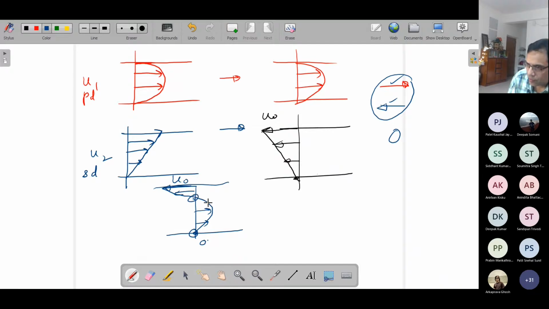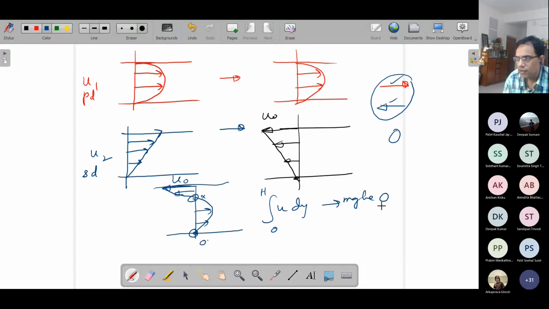The interesting part is that except for this point, at all other points the velocity is not zero, but it may be possible because some is positive and some is negative. If you integrate it from 0 to h, this may be 0. That means, in other words, the local velocity at individual points except maybe one point may not be 0, but the total flow rate may be 0.